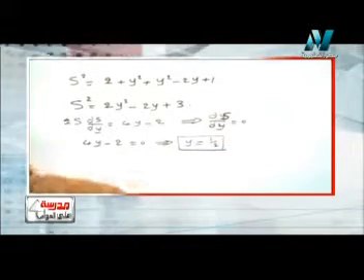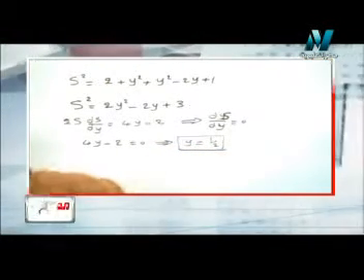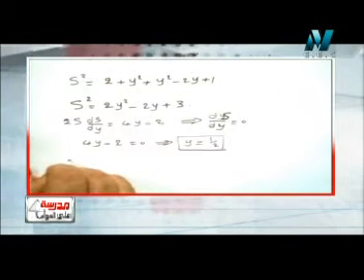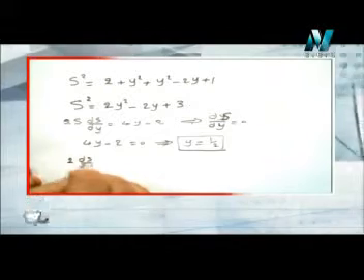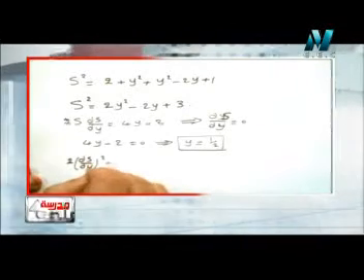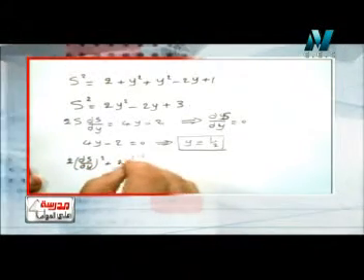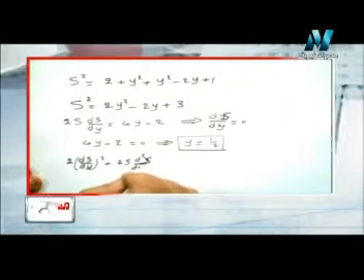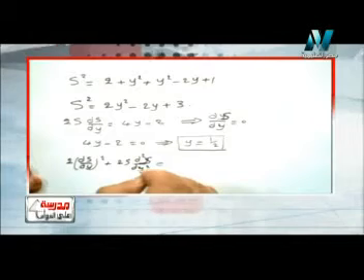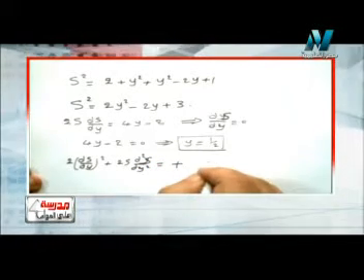To check it, we have to differentiate. Then 2 ds by dy all square plus 2s d square s by dy square equals positive, so it is minimum.